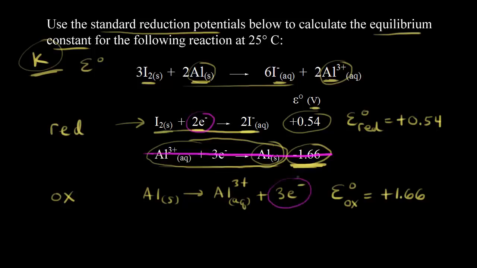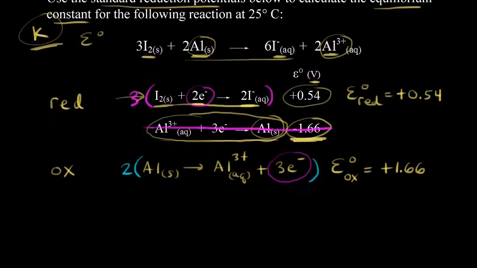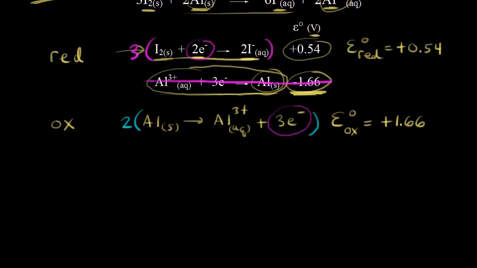We need to have the same number of electrons, so we need to have 6 electrons for both half reactions. Because remember, the electrons that are lost are the same electrons that are gained. So we need to multiply our first half reaction by 3. If we multiply our first half reaction by 3, we'll end up with 6 electrons. And we would need to multiply the oxidation half reaction by 2 in order to end up with 6 electrons.